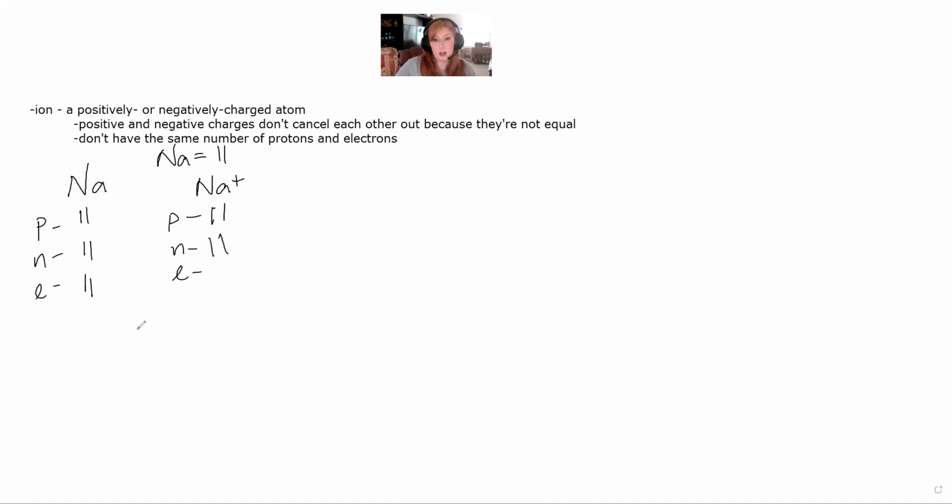So I actually have to take away an electron here. So instead of having 11, sodium ions have 10 electrons, which means there's one extra proton than electron and gives this a positive charge, okay?